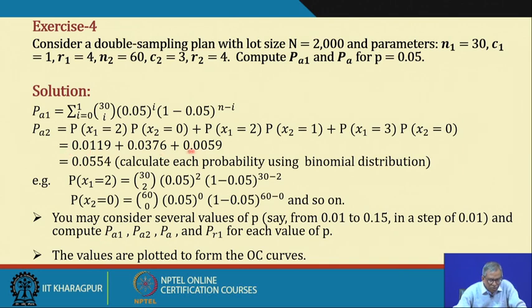So we have explored all those possibilities, and then we go for the Poisson approximation to binomial, and you calculate all these individual probabilities. The total probability of acceptance based on the second sample is 0.0554.